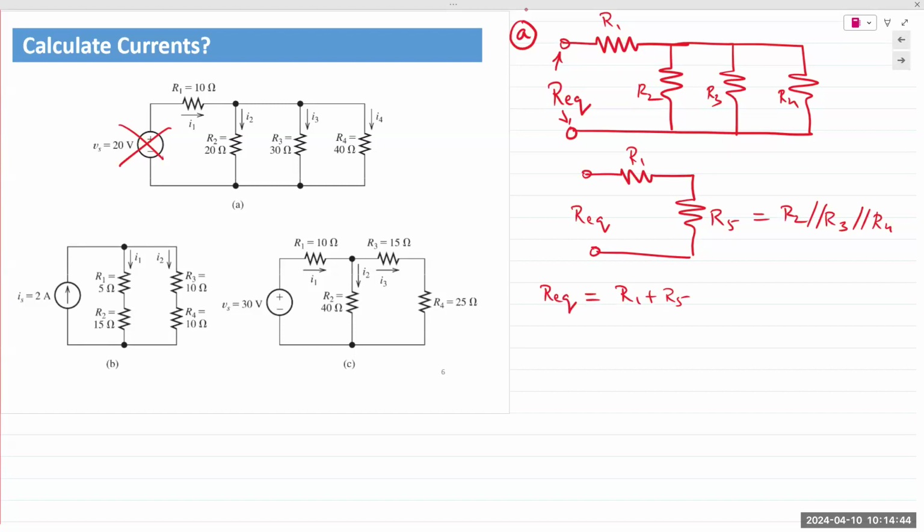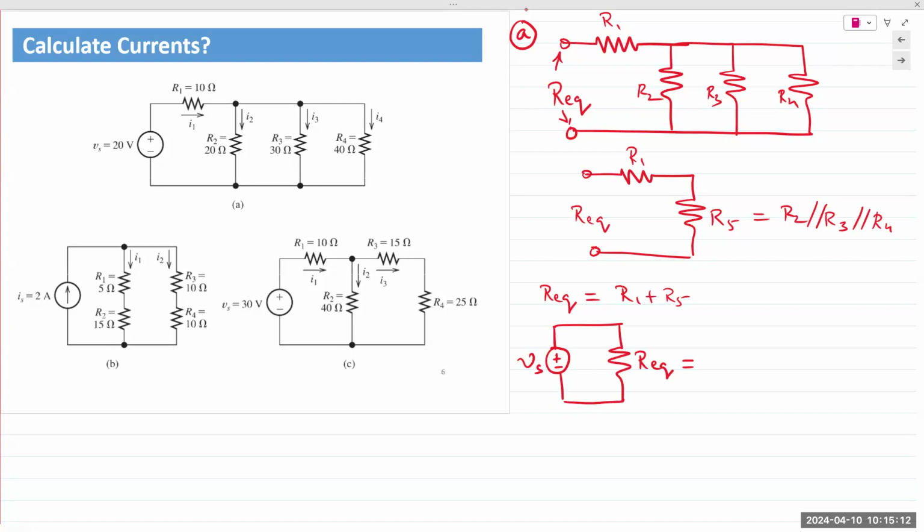R1 and R5 are connected at the top node, and so they are in series. Req is simply R1 plus R5. For explanation purposes, I'm going to draw this out. So you have VS, you have Req.